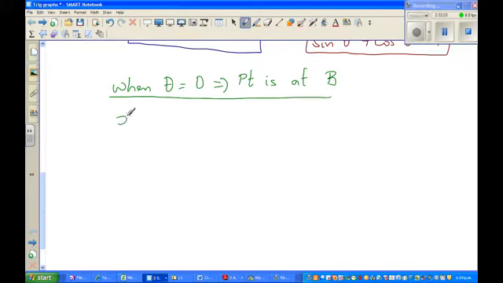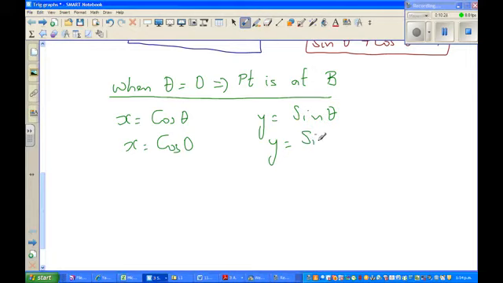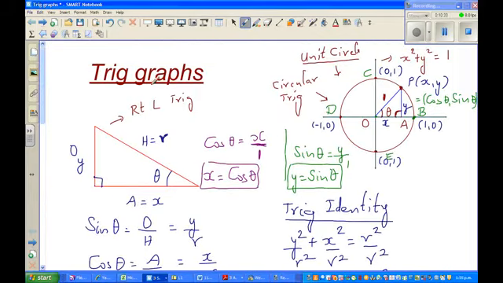So what did we say? X is cos theta and y is sin theta. So x would be cos 0 and y is sin 0. So what is x and y at B?